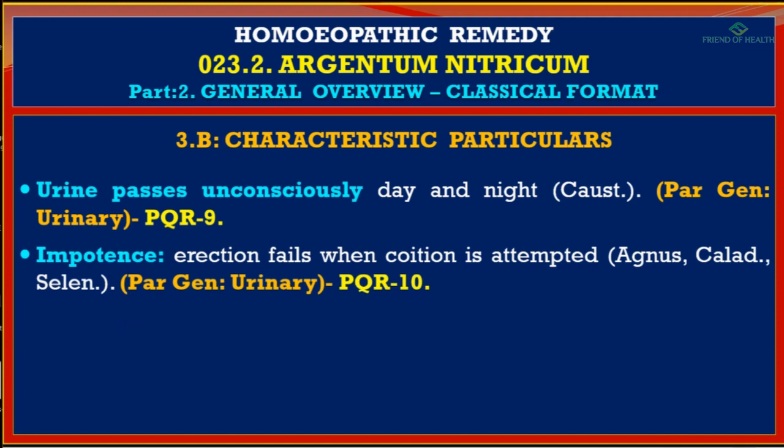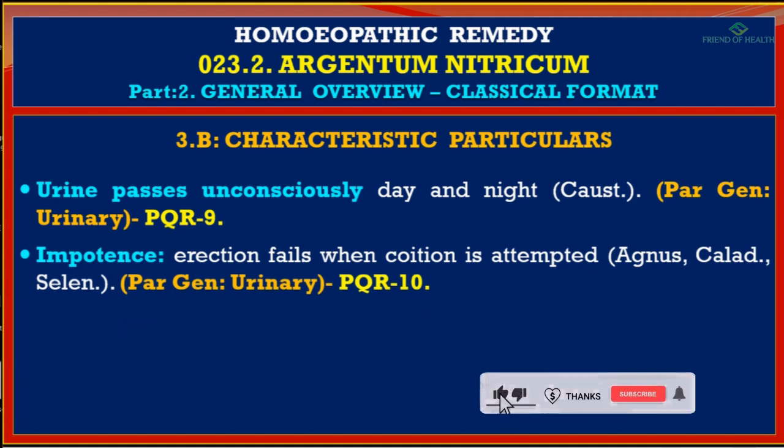Agnus, Caladium, Selenium. Here impotence is due to anxiety. Because of anxiety, there is a performance anxiety, and that may cause this kind of symptom. But please remember, if it is because of involvement of the spinal cord, you will come to know on investigation if spinal cord is involved or not.